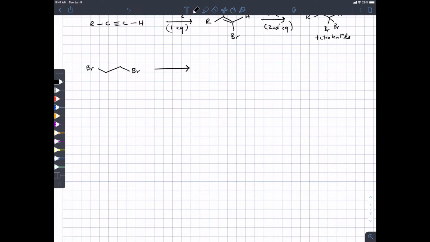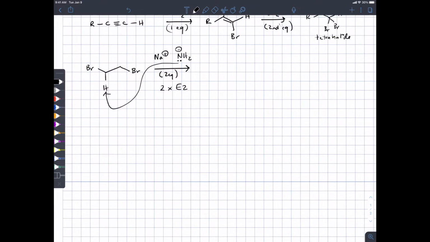So if you used a really strong base, the base that your text uses most often for this purpose is sodium amide. If you use two equivalents of that really strong base, you're going to be able to do two tandem E2 reactions, and I'll show the mechanism of this.